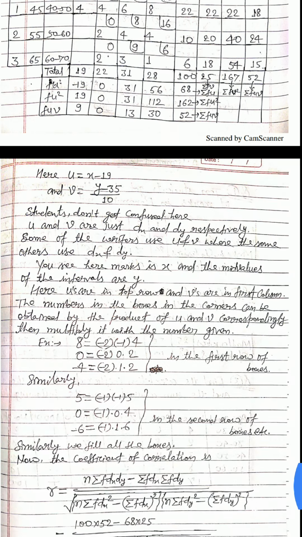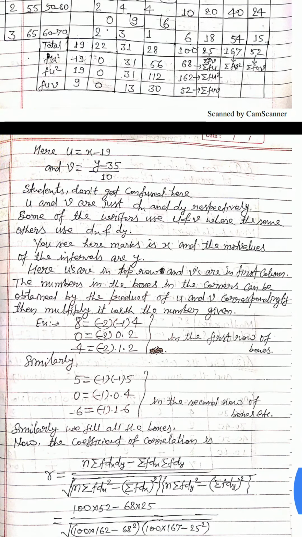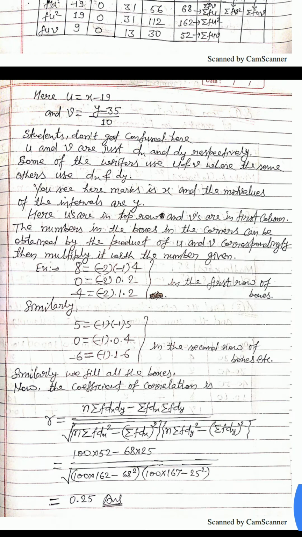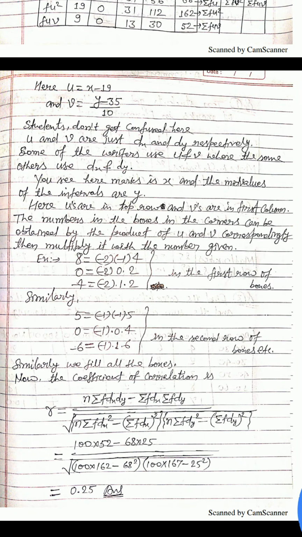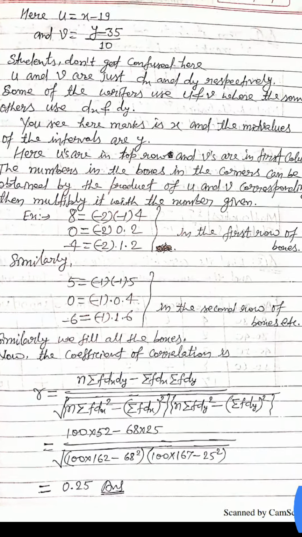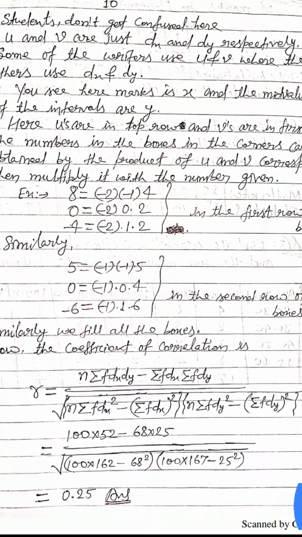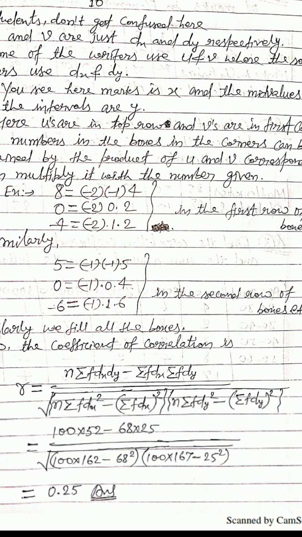Now we substitute these values from this table. Here is the main formula of the coefficient of correlation, r is equal to n into summation f dx dy minus summation f dx summation f dy, over the denominator.